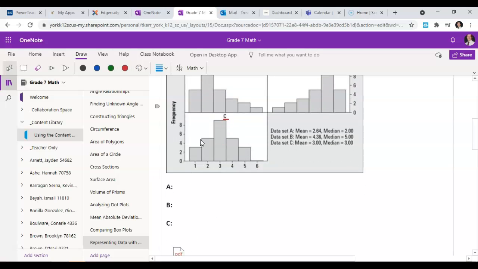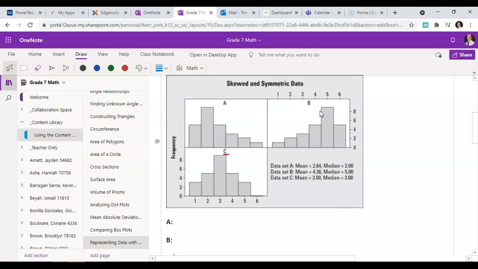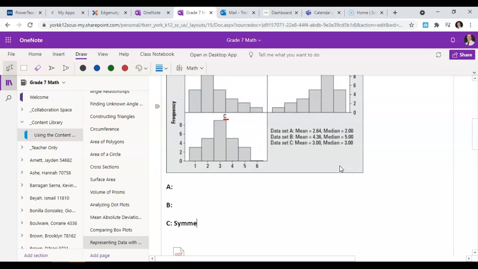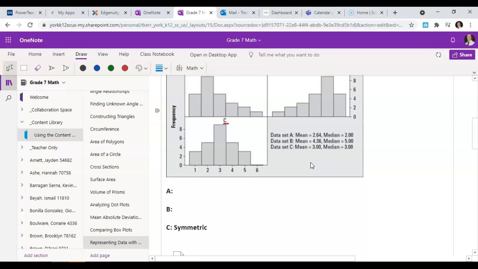So as far as the names of what we would call these things, C here is what we would call symmetric. That's that word right up here, symmetric. And so it has symmetry.